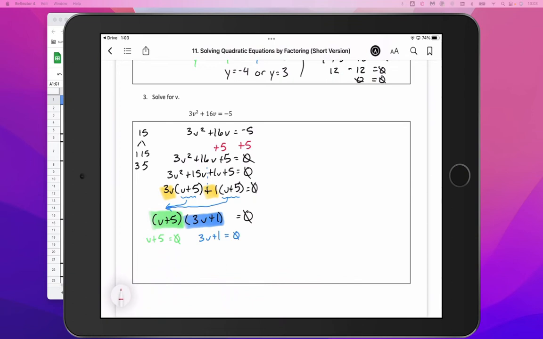So subtract 5, subtract 5. We got v is equal to negative 5. And 3v plus 1, we've got to subtract 1, subtract 1.